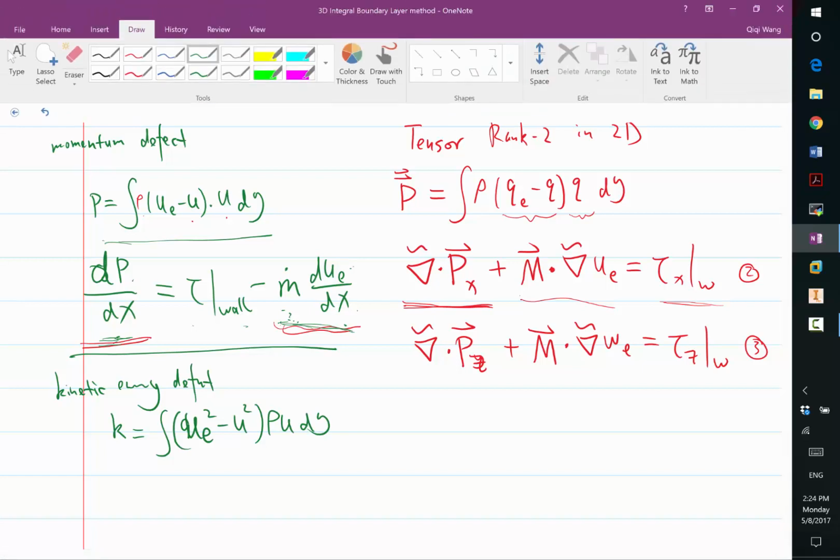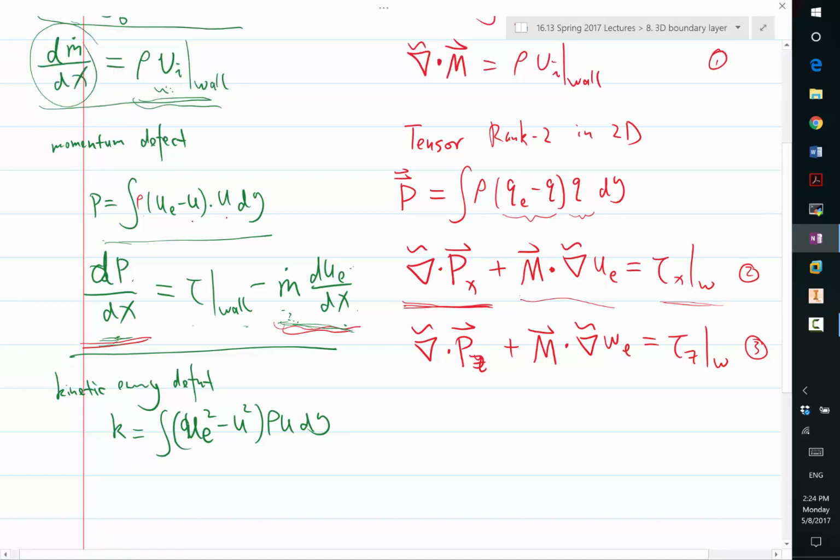And in the three-dimensional case, again, the kinetic energy defect is going to be a vector, because the square in the 3D case is now the square of the norm.